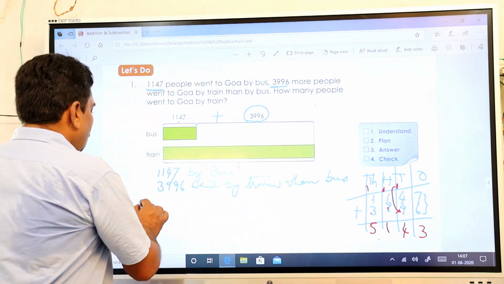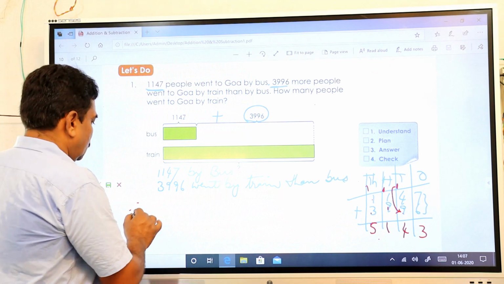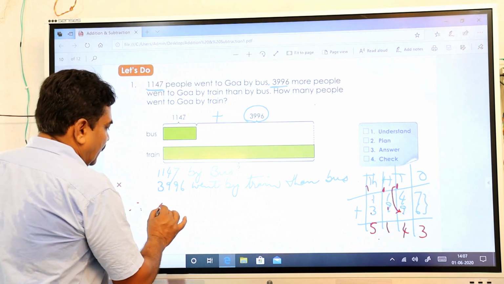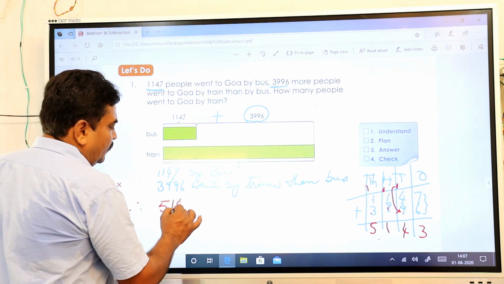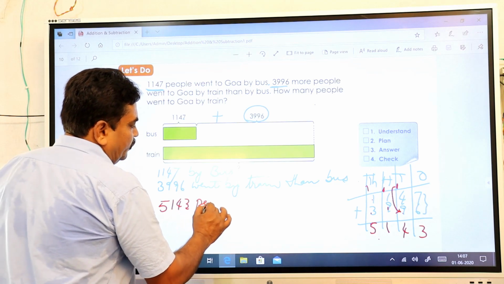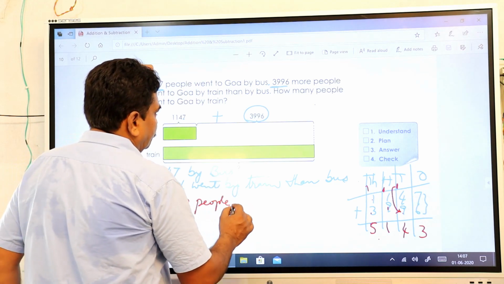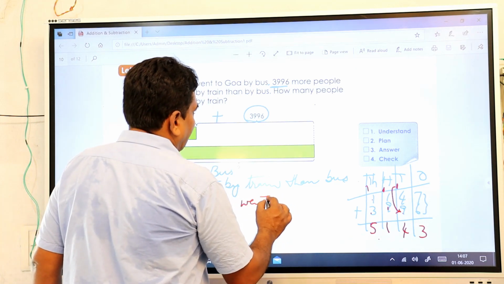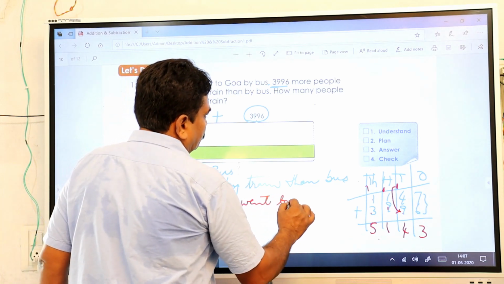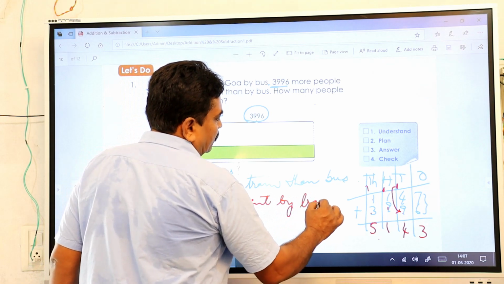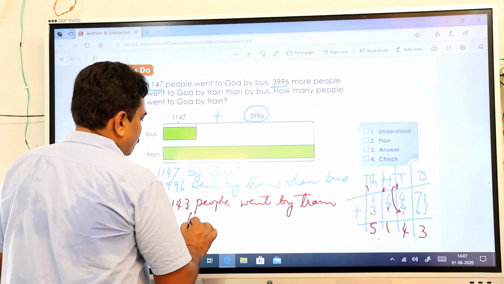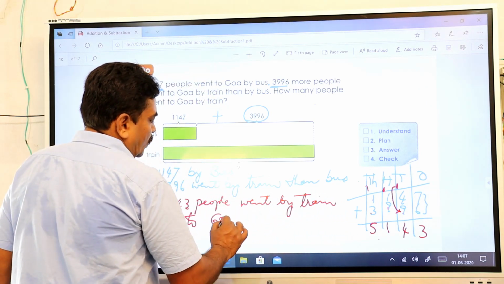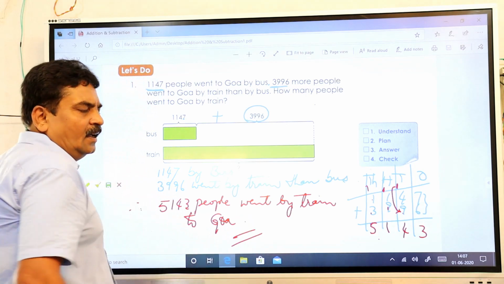So therefore 5,143 people went by train to Goa. This is your answer.